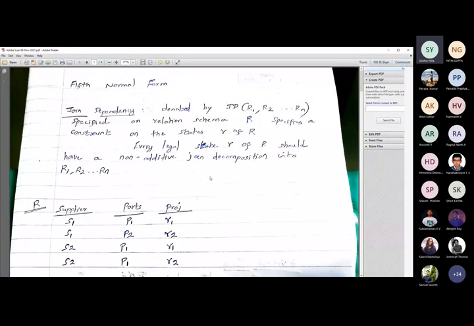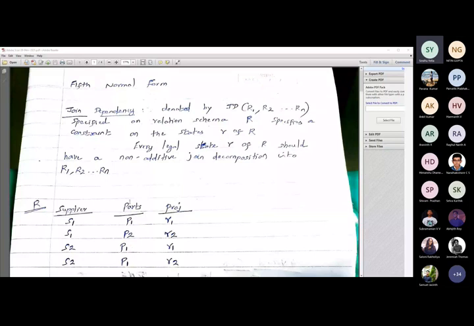So whenever you are going to decompose a relation R into sub relations R1, R2, R3, Rn, and so on, and whenever you decompose a complex relation into fragmented relations, and when you join them back, there should not be any non-additive join decomposition into the relation. We say that it satisfies the requirements of fifth normal form, right?